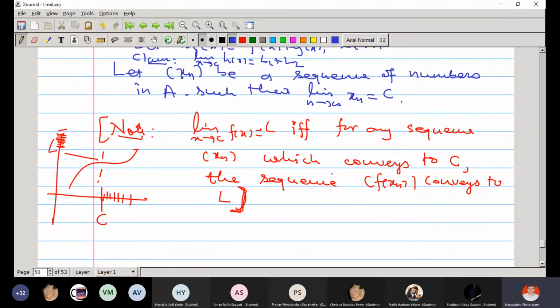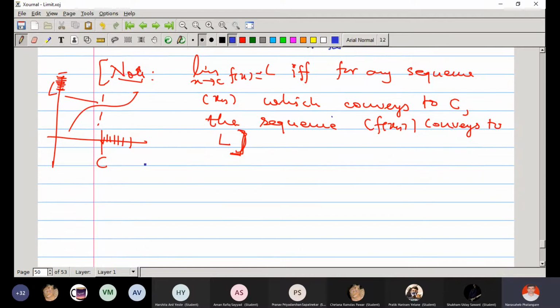Now I have chosen, I just close my eyes and select an arbitrary sequence which converges to c, not any specific or special sequence. It converges to c. What is my claim? What do I expect?